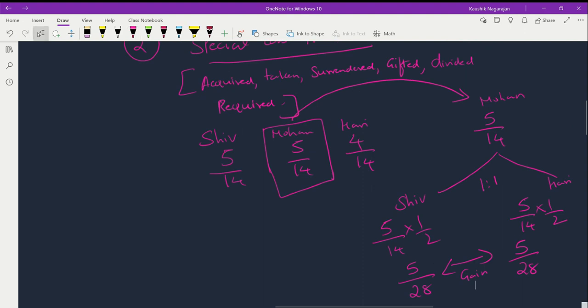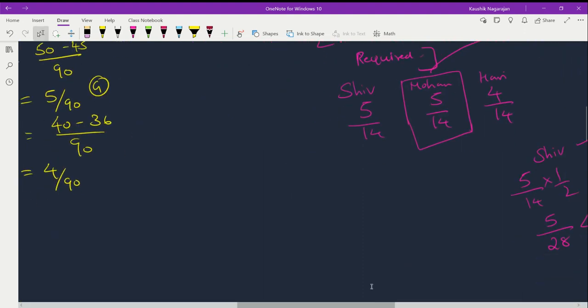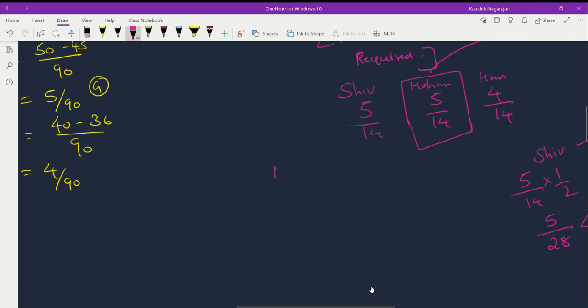Now these two are the gain that was gained by the partners Shiv and Hari from Mohan. Now, if I want to find out my NPSR, then the formula is: new profit sharing ratio is equal to your old ratio plus the gain. So according to that, first I have to find out for Shiv.